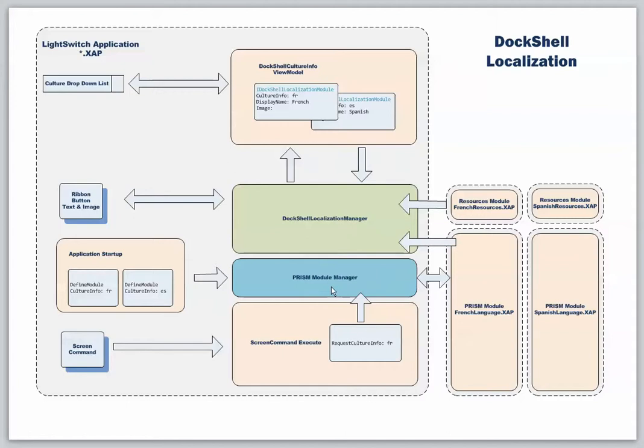Module Manager. And then we can either initiate a command to request the Prism Module Manager to load this Prism module, which is an asynchronous event. They're completely decoupled, and as it loads, it will call into this DockShell Localization Manager.